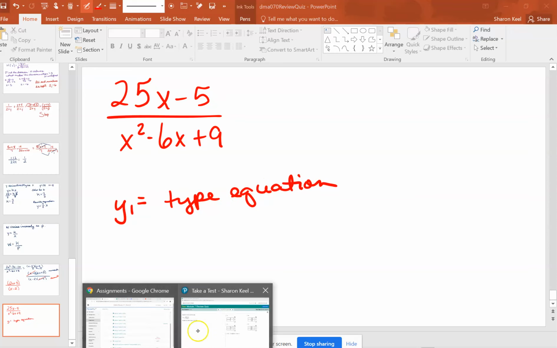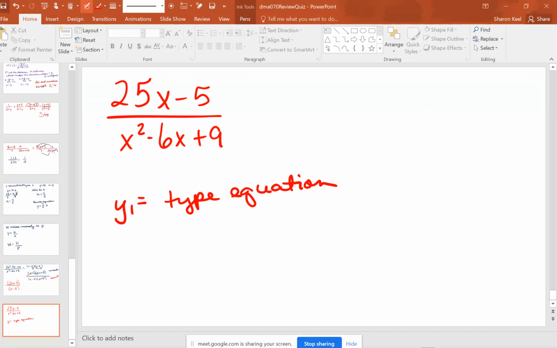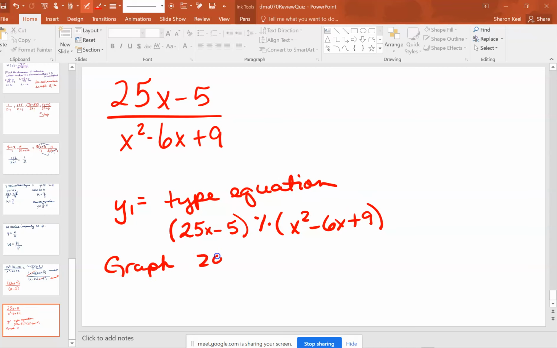What you need to remember is to put parentheses around the numerator and the denominator. So when you type it in, you're going to have a parenthesis 25x minus 5, close your parenthesis, divided by parenthesis x squared minus 6x plus 9. You've got to have parentheses around everything. Then you're going to press graph, and go to zoom 6, which is the standard view, to be able to see it.